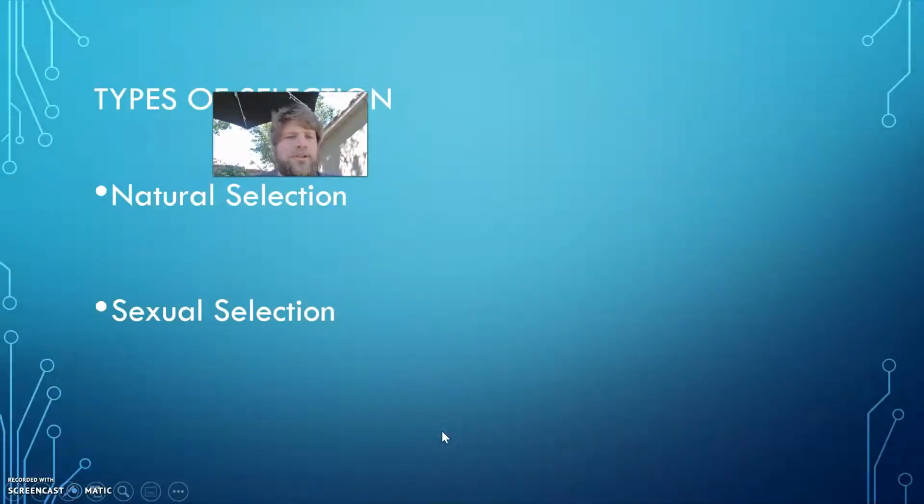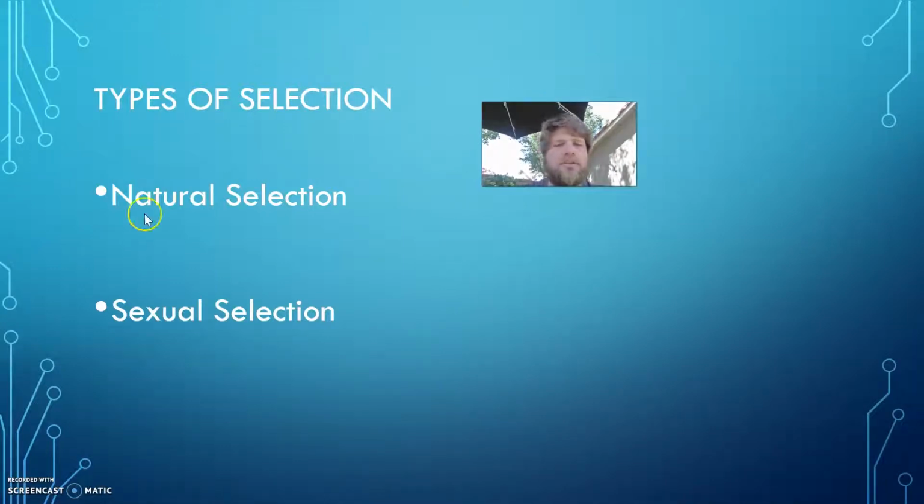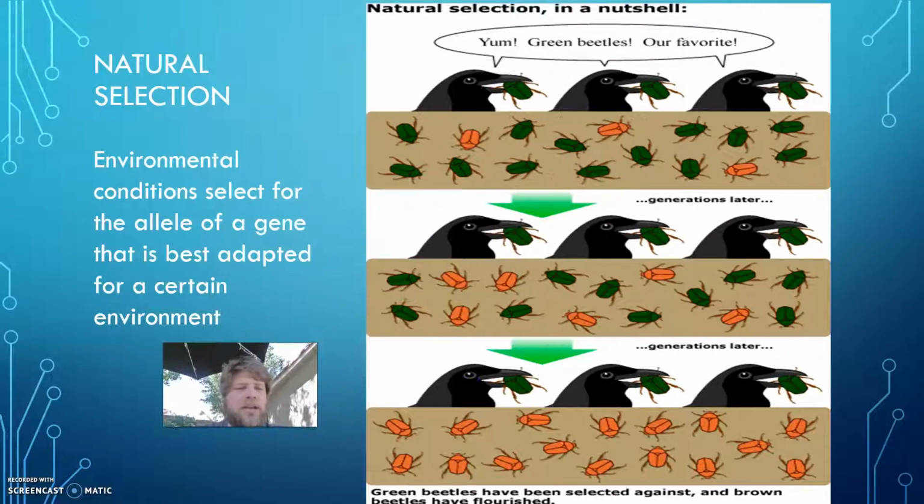Anyways, so let's jump to mechanisms. There are two types of selection: natural selection and sexual selection. Natural selection comes up quite a bit, and to review it again, in natural selection you have environmental conditions that are selecting for an allele of a gene that's best adapted for an environment.